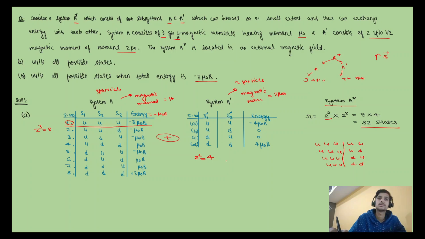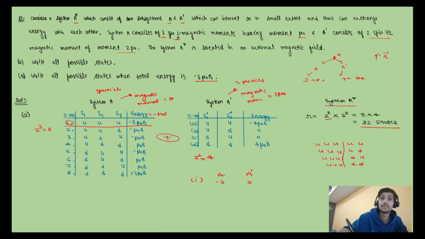Now we have to make the combinations of these two systems to get a total energy of minus 3 mu naught B. So in how many ways can we get this total energy as minus 3 mu naught B? So we will make combinations, right? The first combination will be such that if this is system A and this is system B, then if system A has minus 3 mu naught B energy and system B has 0 energy, then in that case we get minus 3 mu naught B energy, right?